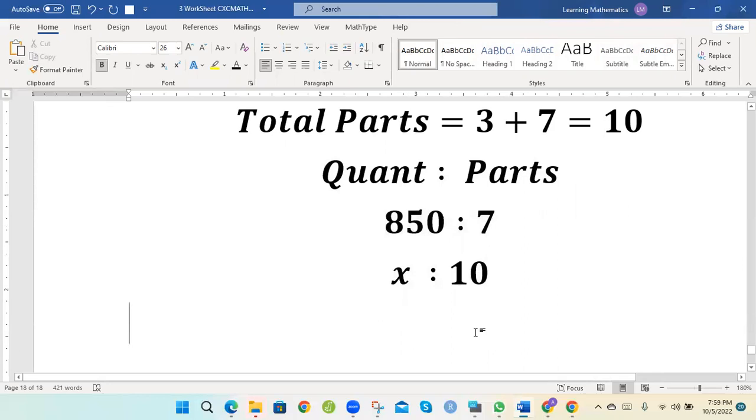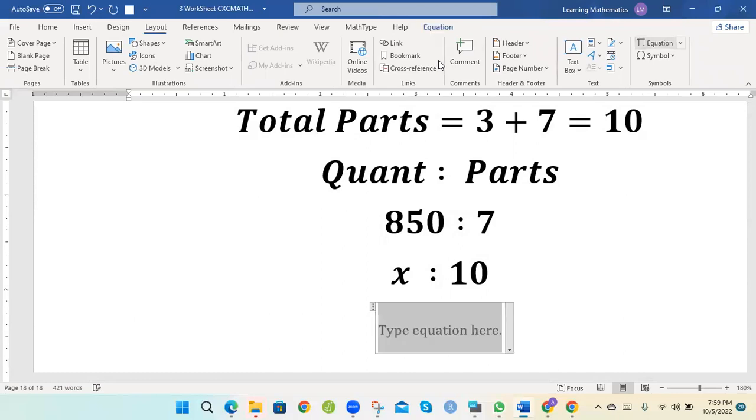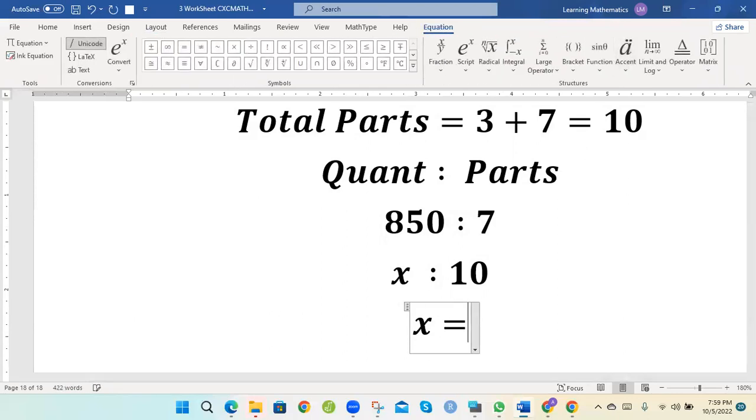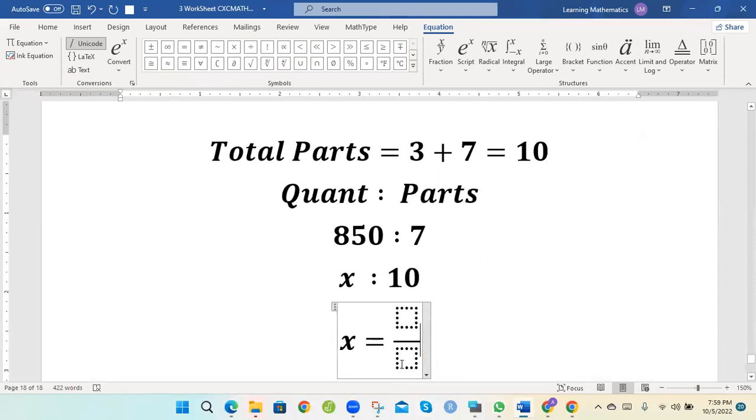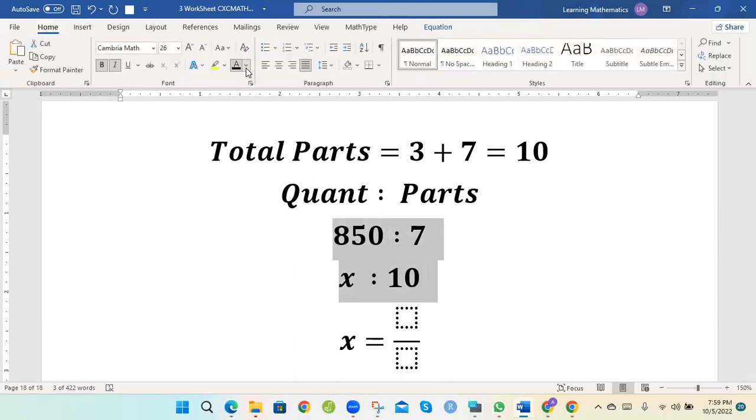Our fifth step, always before you go to cross multiply and divide, always reflect to make sure that parts are on the parts and quantity on the quantity. Cross multiply and divide. By what number do we have to divide? X is equal to, division sign, what number comes under there? These are the numbers we are using to cross multiply and divide.